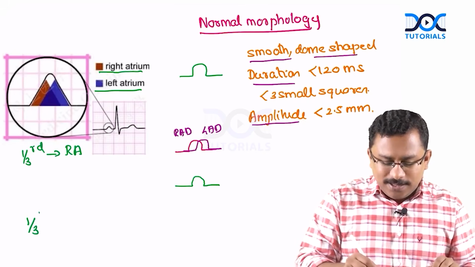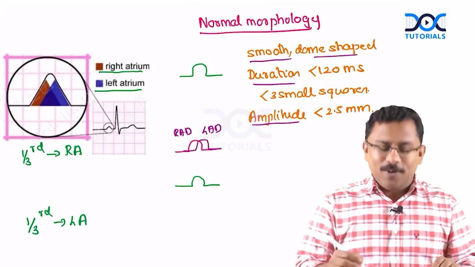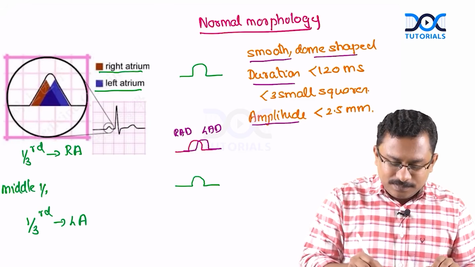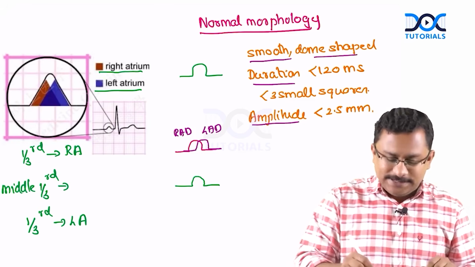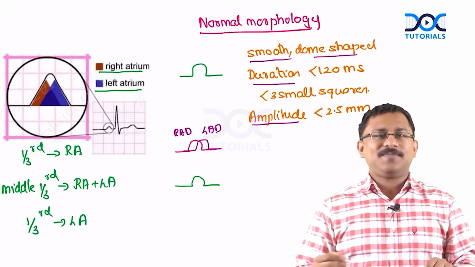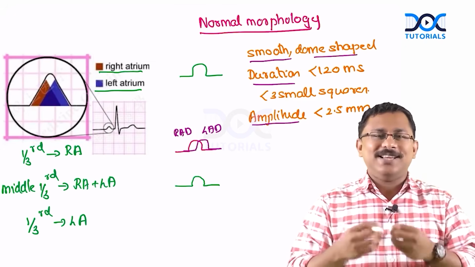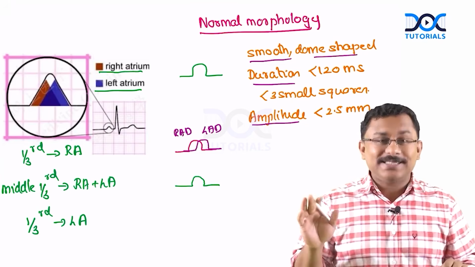The last 1/3 corresponds to left atrial depolarization, whereas in the middle 1/3 you will have both the atria depolarizing. So that is how the normal P wave morphology looks. I hope the normal P wave morphology is clear for you.